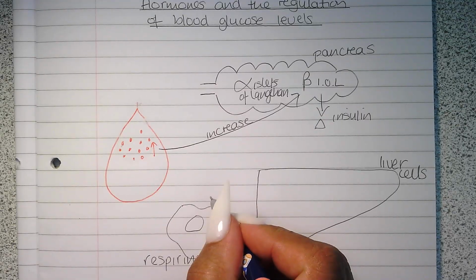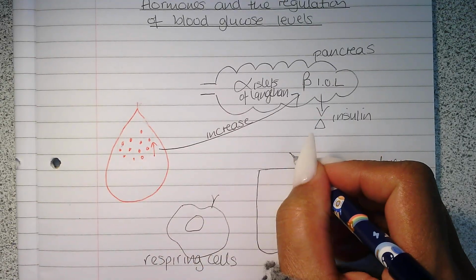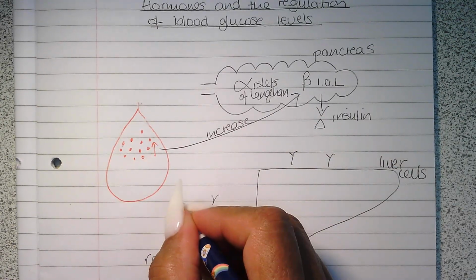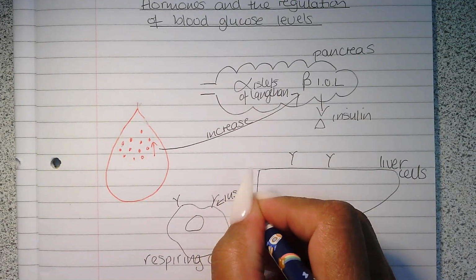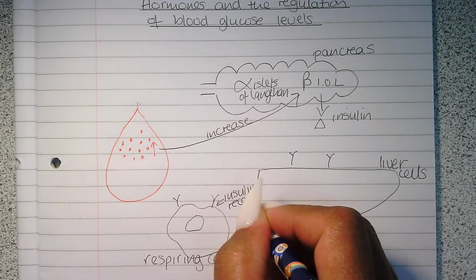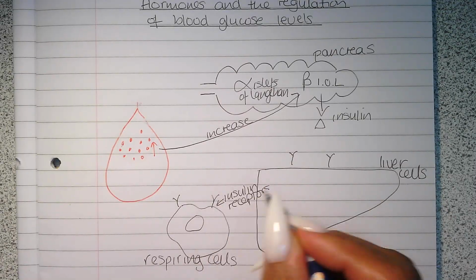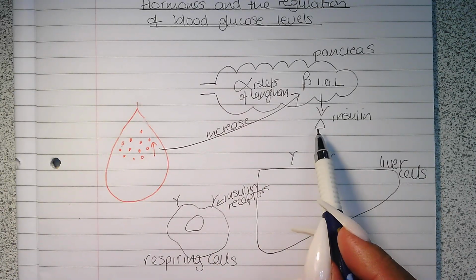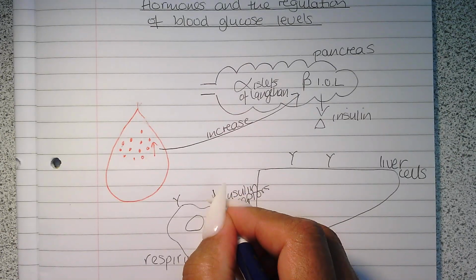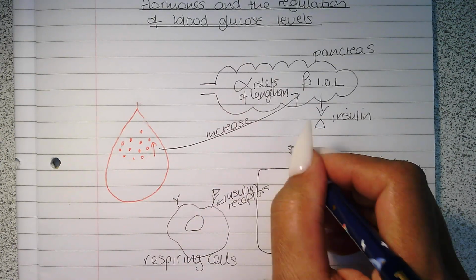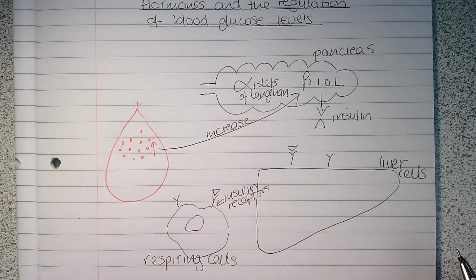On the surface of respiring cells, as well as liver cells, we will find insulin receptors. Now, insulin receptors have a shape that is complementary to the shape of insulin, and as a result, insulin will bind to these receptors.